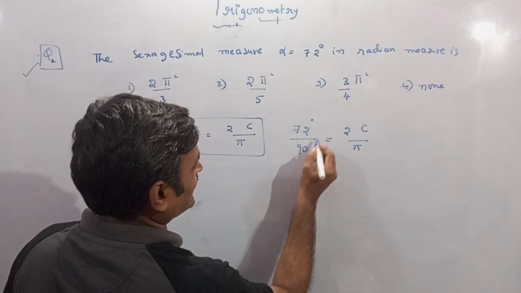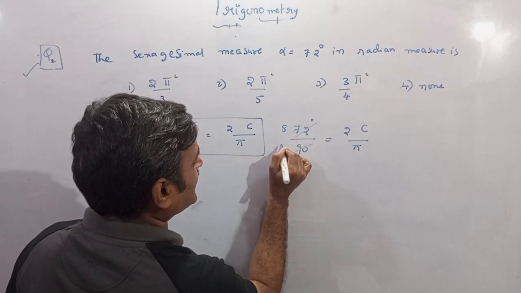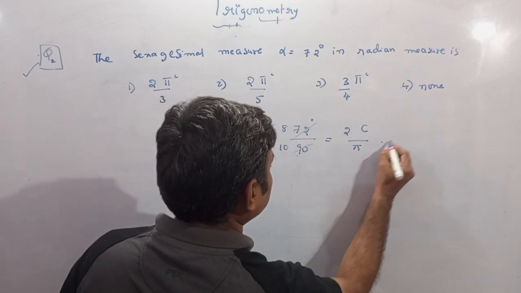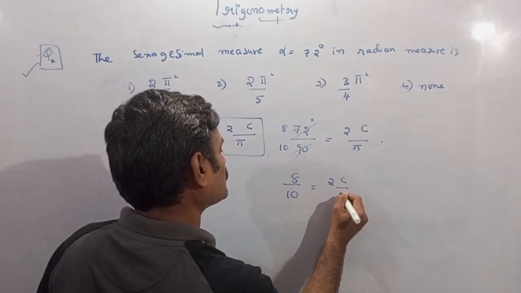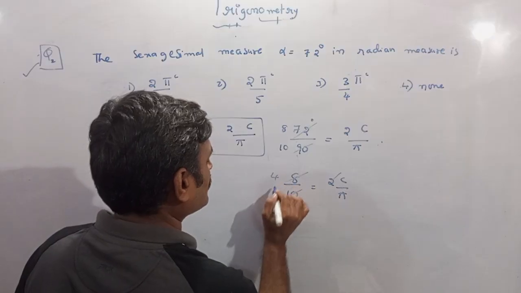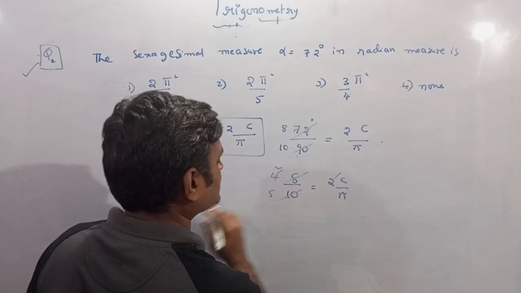And one more thing here, if you cancel this in the ninth table, it will be 8 by 10. So 8 by 10 is equal to 2C by pi, and still you can cancel this one, 4 by 5, and after this it will be cancelled 2 times.